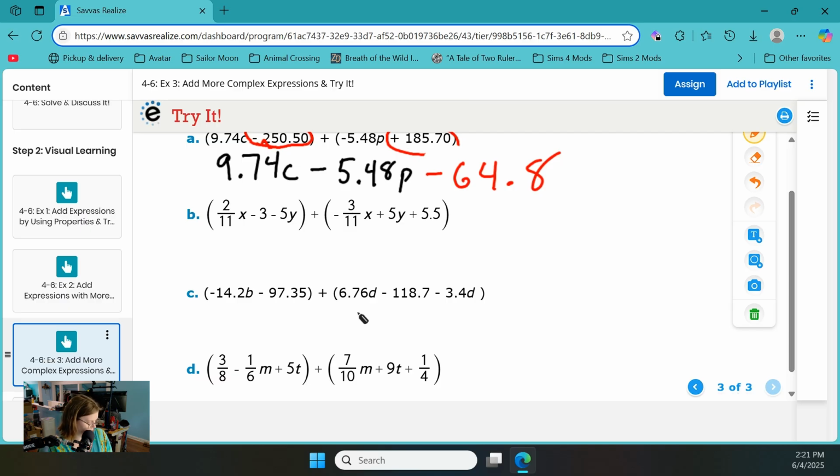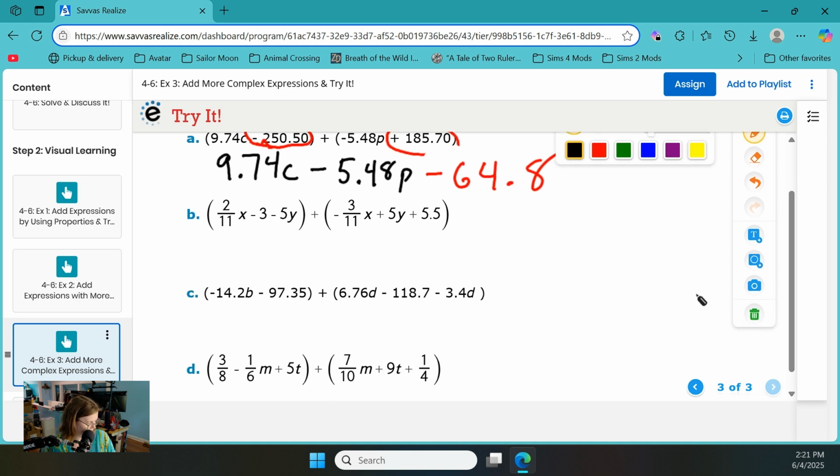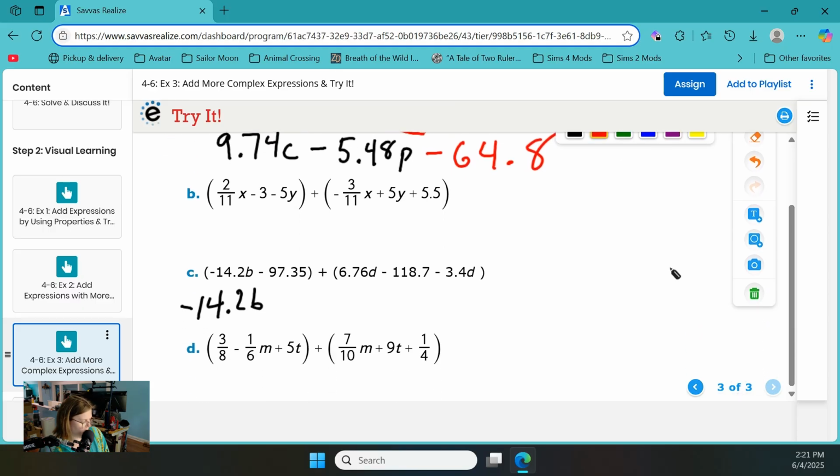All right. So question C, we start off with a variable b, but there's only one variable b. So we'll start with negative 14.2b. We do have some constants next, so I'm going to circle all mine in red.